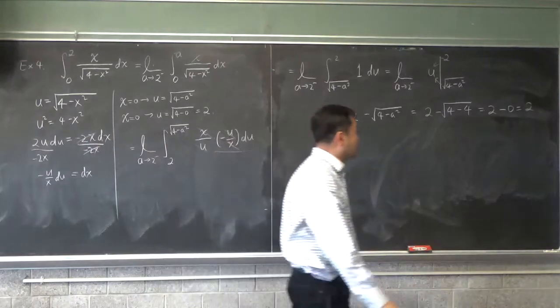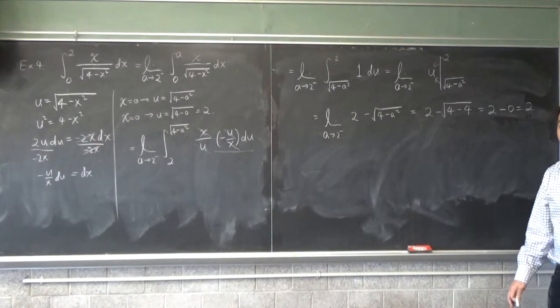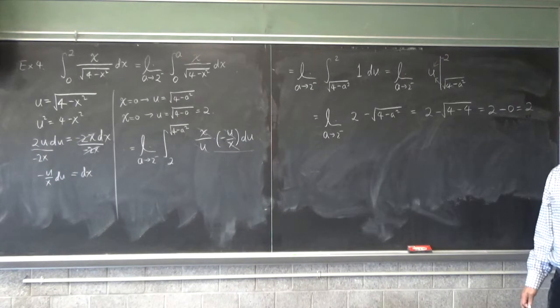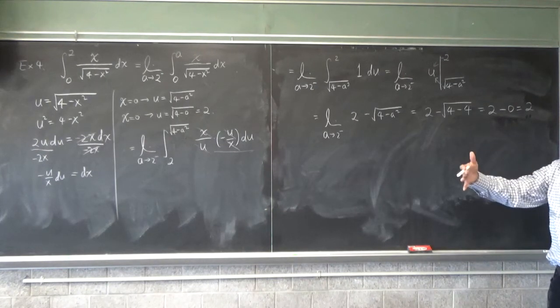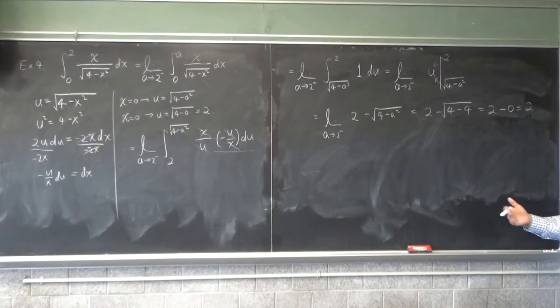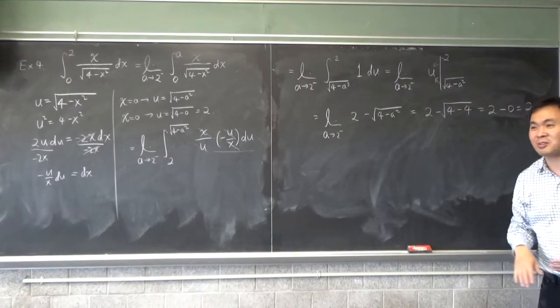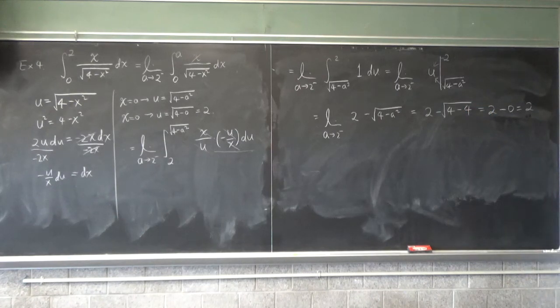So the answer should be a positive number. If you get a 0, that doesn't make sense because you get something positive over a positive domain, so how can that be 0? Something's not right. So that kind of thinking can help you avoid making a mistake, just like what I just did. I put a 0 there, but then, hey, that doesn't make sense, so change it. That's very important for taking exams.